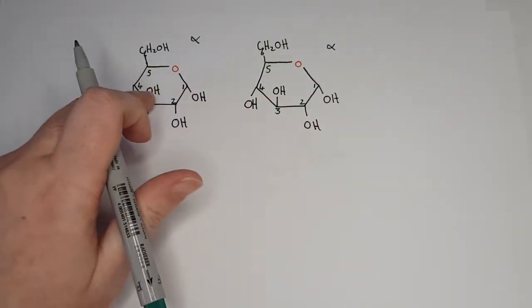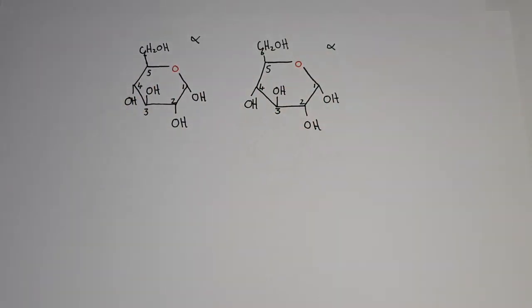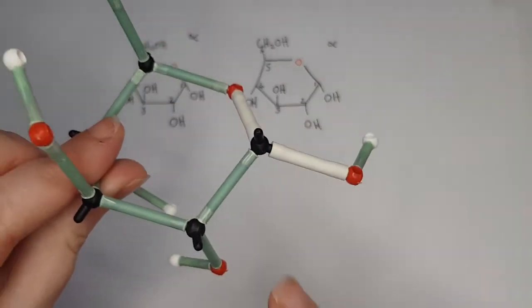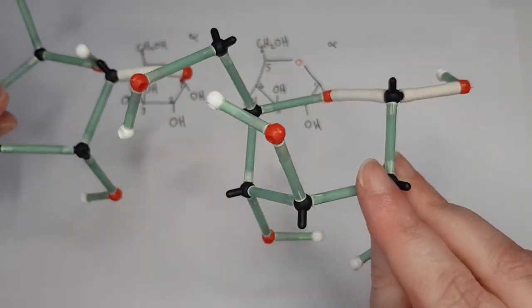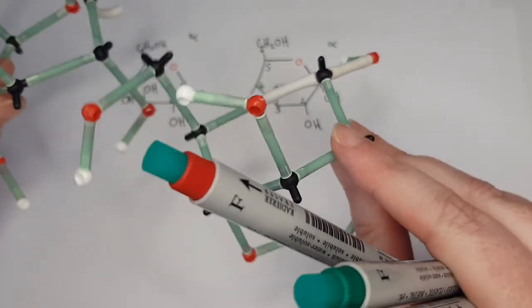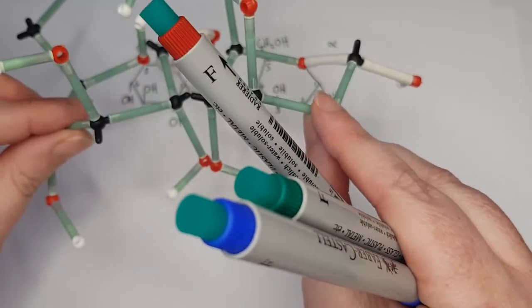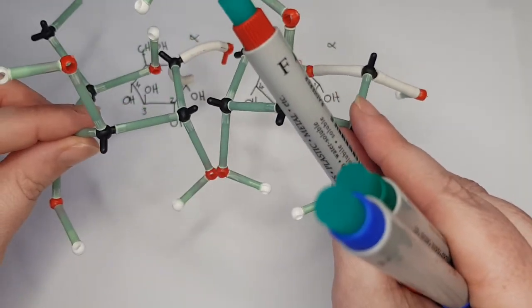But now if those rings are joined together, so if we have a ring and we line it up with another ring, sometimes the OHs line up in the same way.